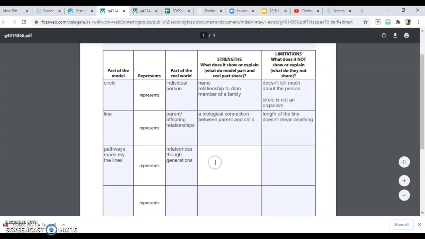Okay. The strength of this is that we can follow to see how people are biologically related. So that is the strength of having that. The downside is that some relationships are not shown by the pathways, like the cousins. There's no relationship shown through the cousins.